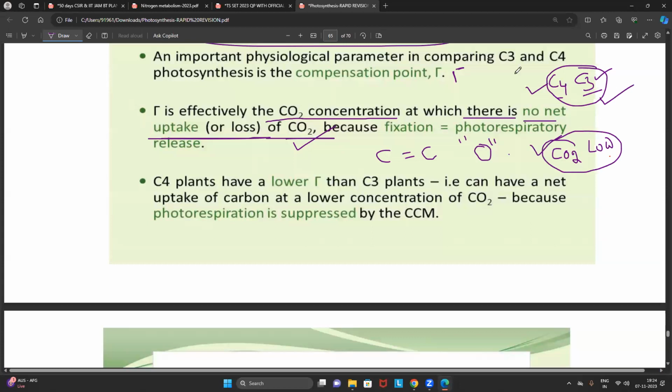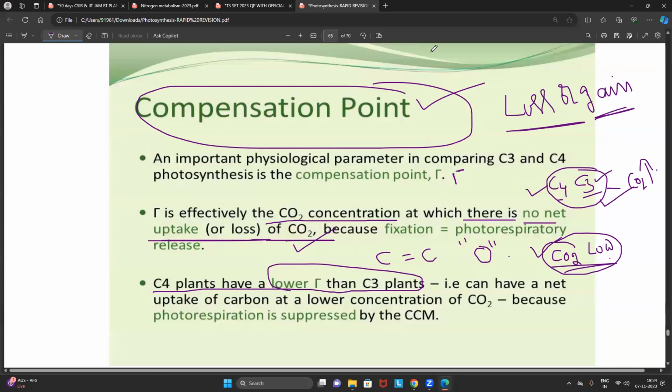If the C3 plant wants to fix the carbon, it needs the carbon dioxide in the highest concentration. So what is the conclusion here? C4 plants have a lower compensation point than the C3 plants, because even though the level of carbon dioxide is very low, C4 plants are designed in such a way that with the help of Kranz anatomy, they can fix the carbon very easily.